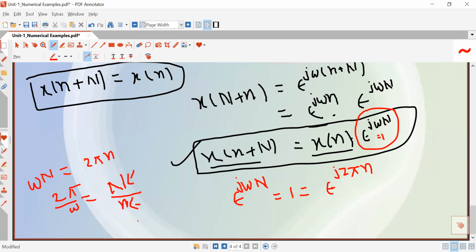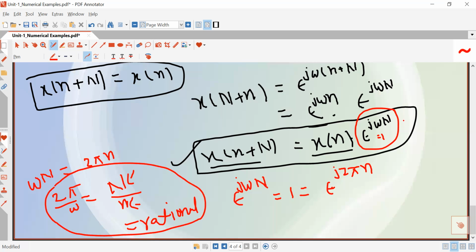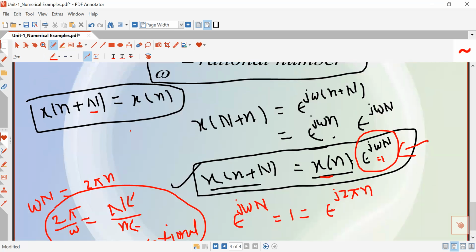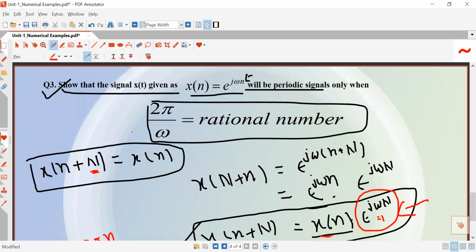So this ratio will be a rational number. In this way you can say if 2 pi by omega is a rational number, then this term will be 1 and x[n plus N] will be x[n], and the signal will be periodic and its fundamental interval will be N. In this way you can prove this problem.